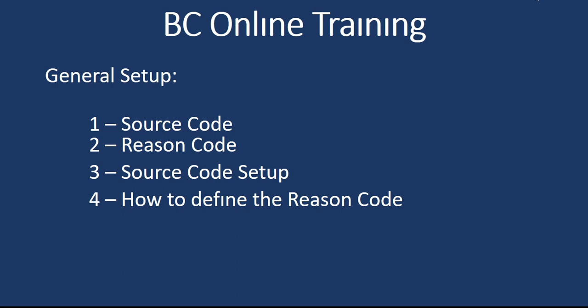Today I will talk about source code and vision code in Business Center. Basically, we use the source and vision code in order to trace the posting in Business Center.